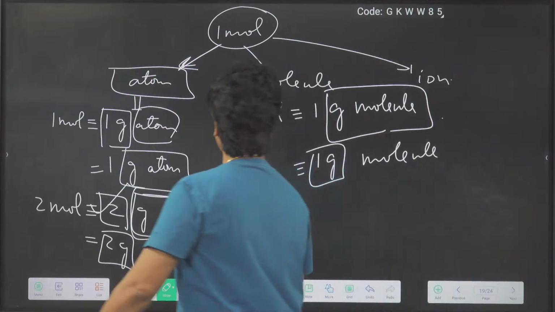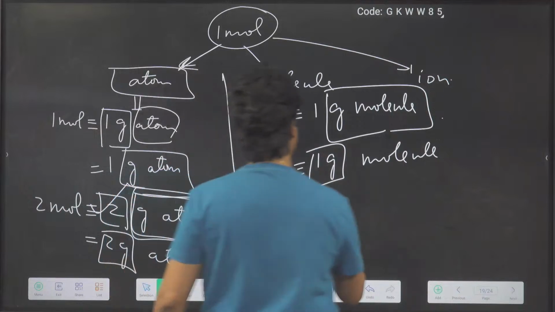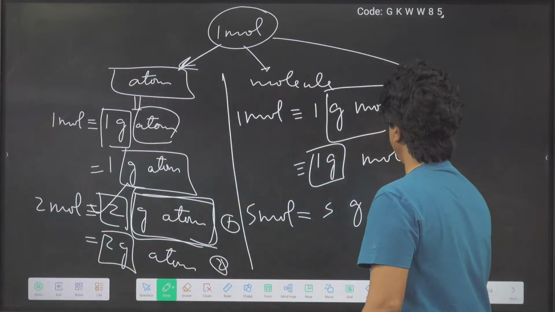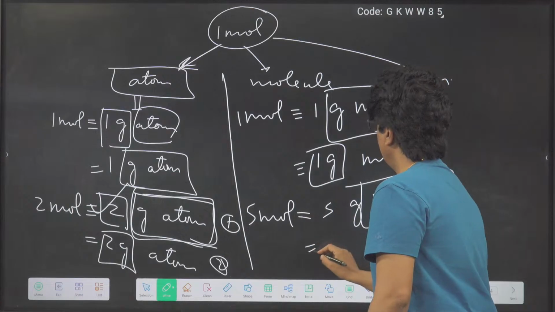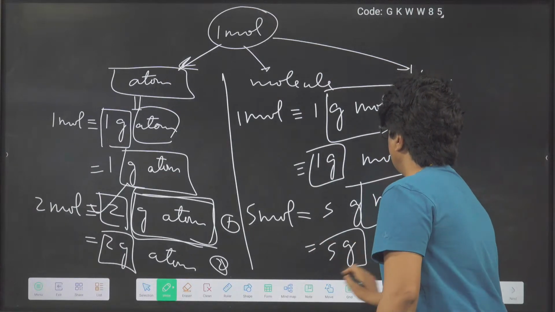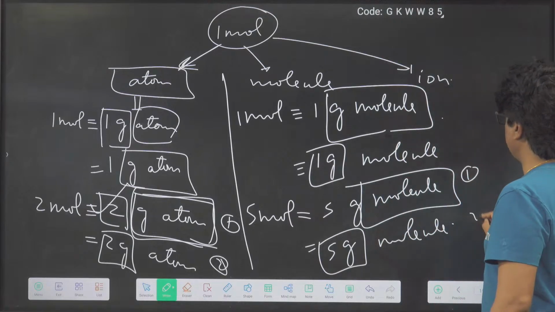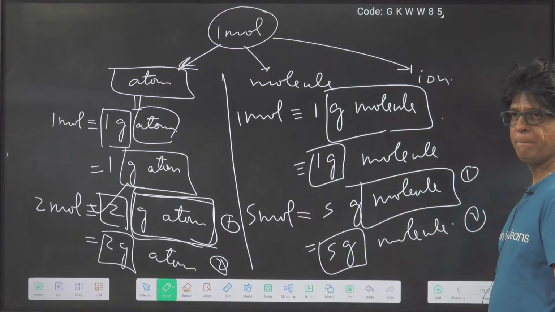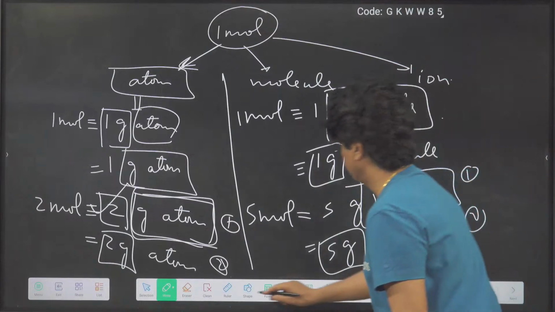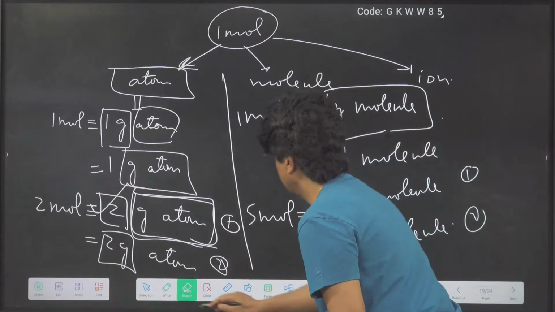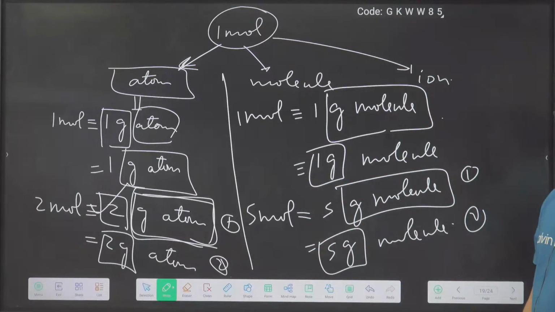So if I have to write 5 mole of a molecule, it will be written as what? 5 gram molecule or 5 gram of molecule? Which one will be correct? Sorry, my mistake. 5 gram molecule, first one, right?